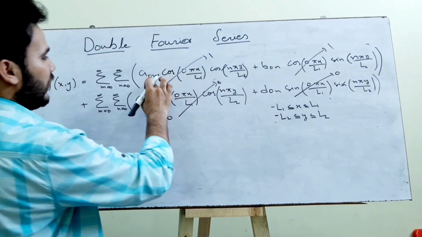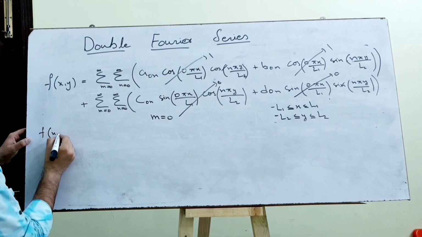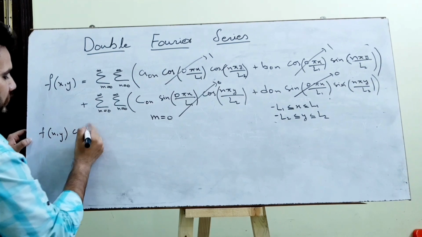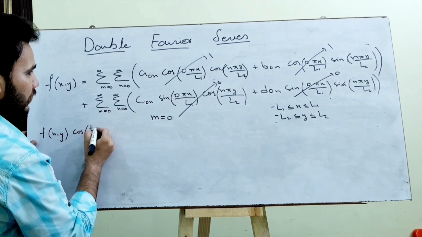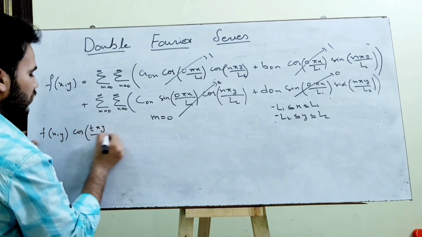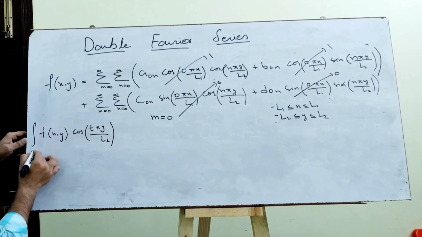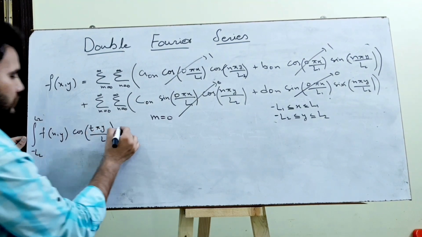So for getting a(0n), I am multiplying both sides by cosine t pi y over L2 and integrating from negative L2 to positive L2.